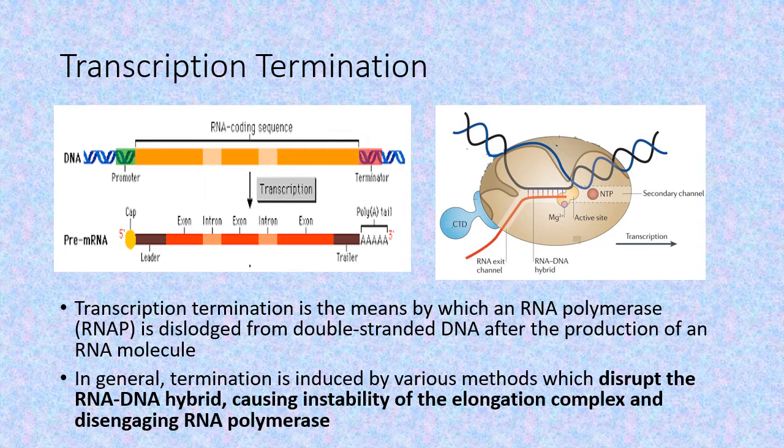It may involve some transcription termination factors which may cause the cleavage at the end of the transcript. However, in case of RNA polymerase second, which is responsible for the transcription of messenger RNAs, the process of termination is a bit more complex.